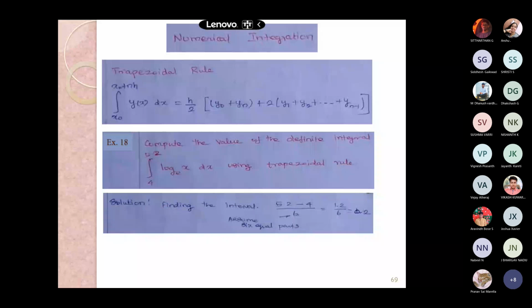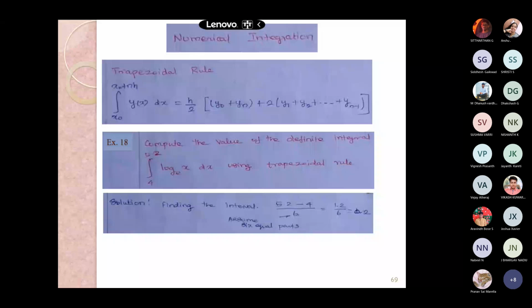See, finding the interval. In order to find the interval h, it can be obtained from the given limits. The lower limit is x naught and the upper limit is x naught plus nh, so it has to vary from x naught to x naught plus nh.